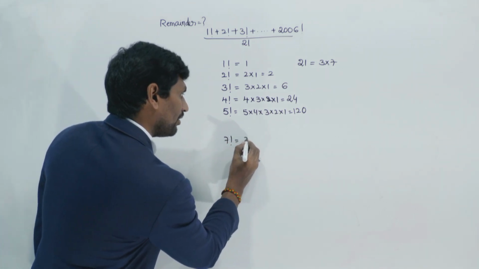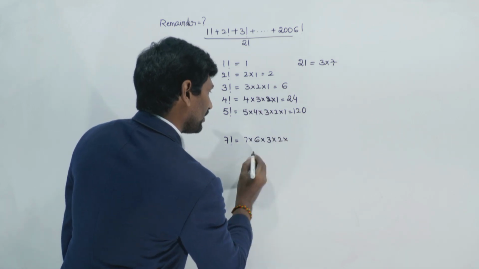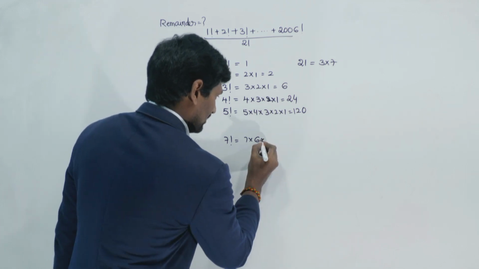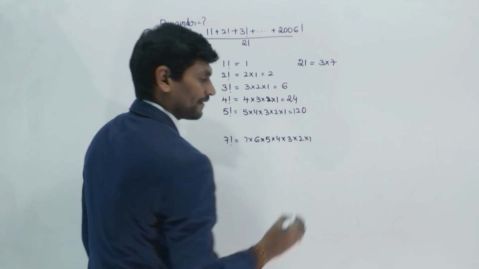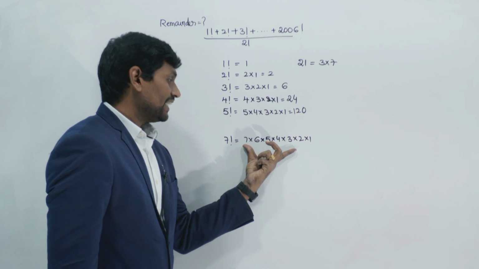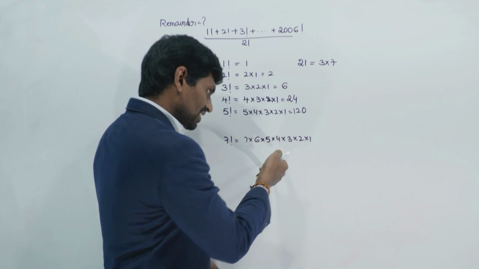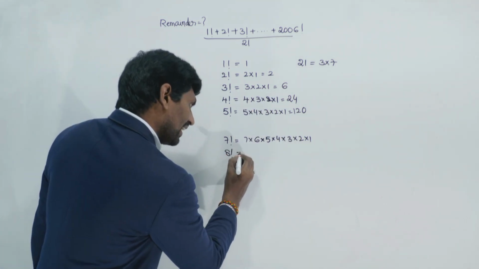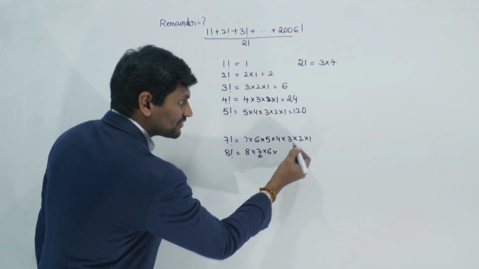Then only we will have 7 into 6 into 5 into 4 into 3 into 2 into 1. If you divide 7 factorial by 21, there is no remainder, because 21 is nothing but 3 into 7, and 7 and 3 both cancel. The remainder will be 0. 8 factorial means 8 into 7 into 6, also involving 7 and 3.